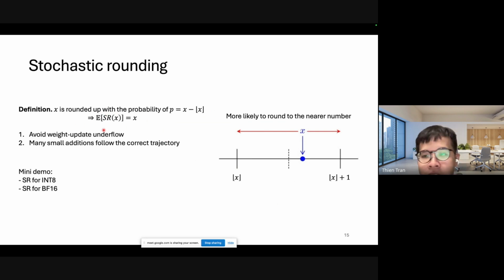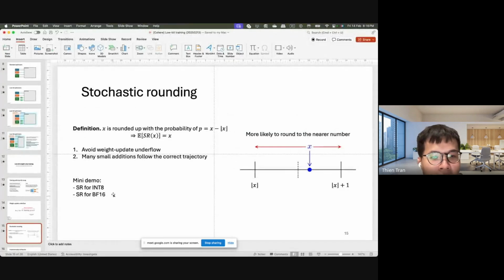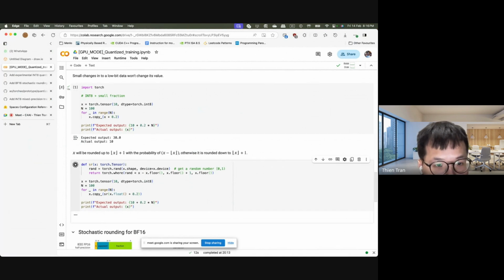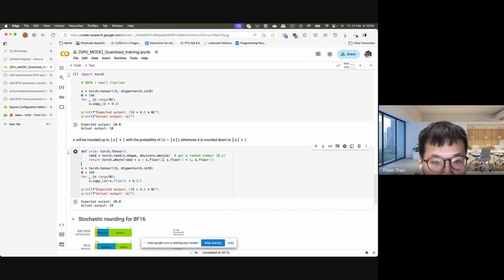So that's good. I just want to illustrate the idea of stochastic rounding in this notebook. I'm just going to run this. The idea is very simple. If we generate a random number between 0 and 1, we want the probability of the random number being smaller than the distance from the rounding down.